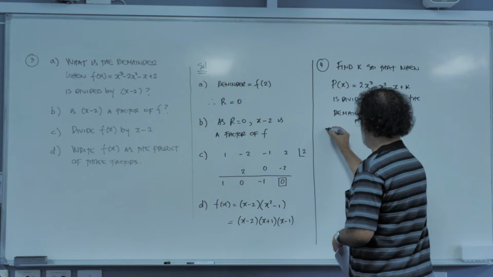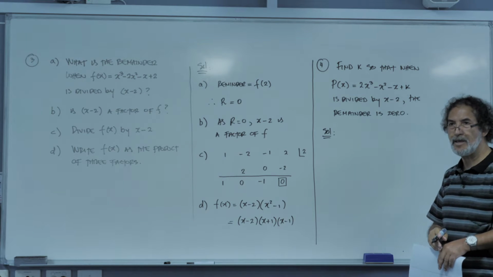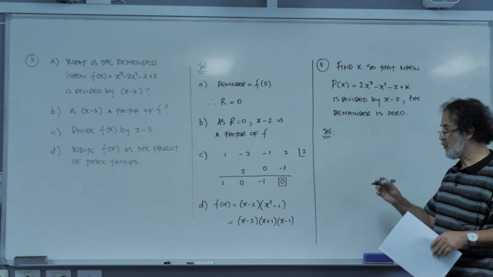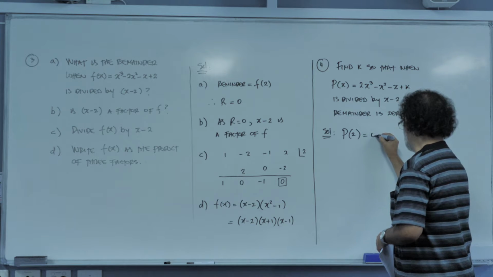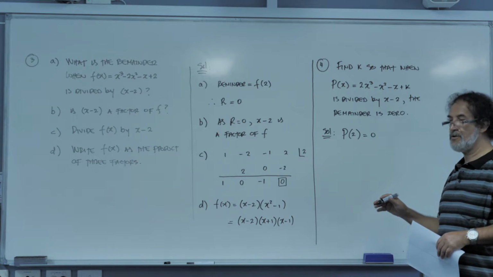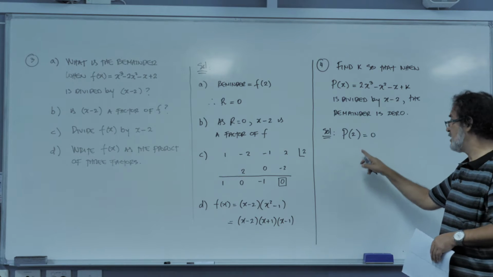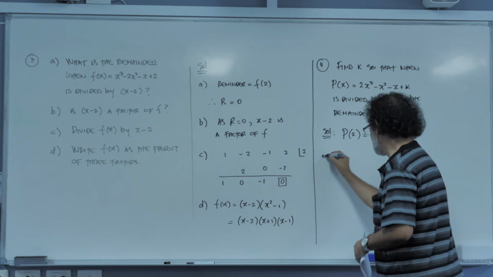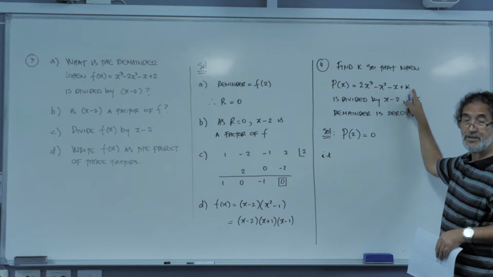So we're going to say solution. If the remainder is 0, we know that we can write p of 2 equal to 0, right? Is that clear? So if the remainder is equal to 0, then we can write this: p of 2, which is the remainder, is equal to 0. This means we're going to evaluate 2 in this expression, and that will lead us to find the answer for k.